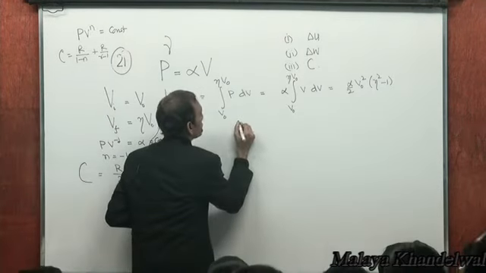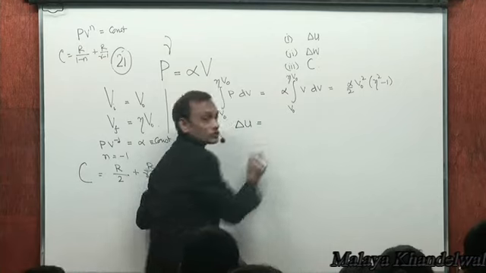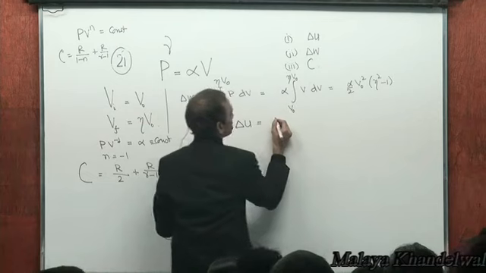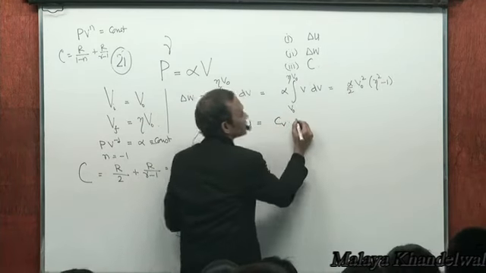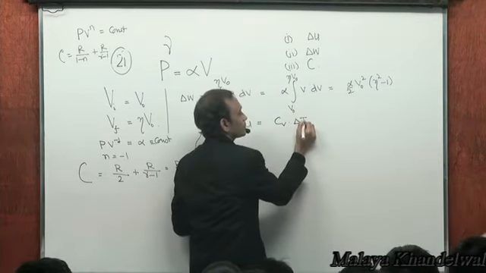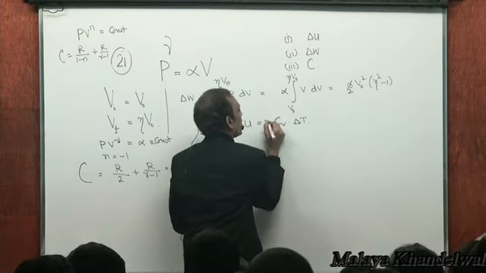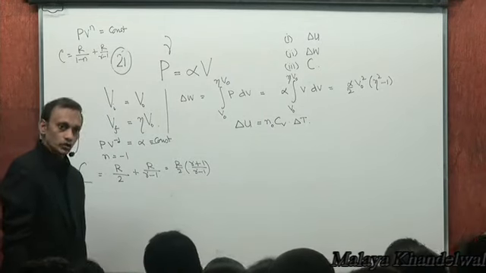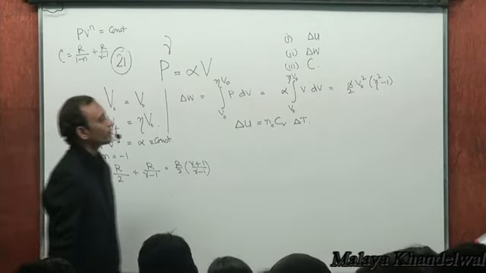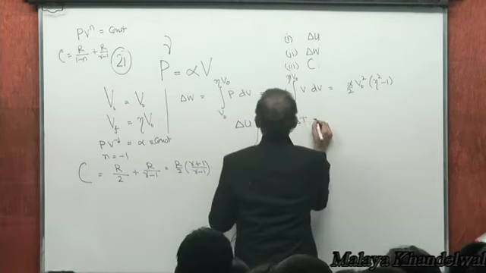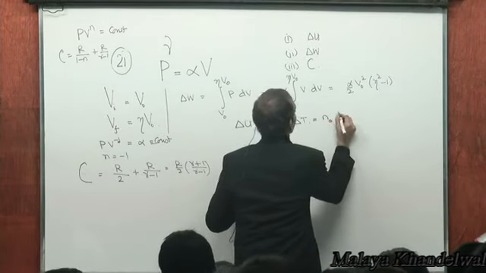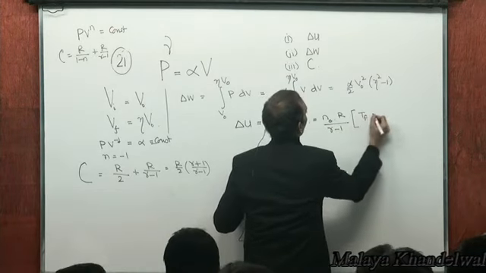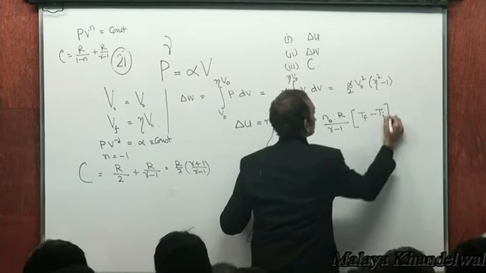Change in internal energy is always n, which is 1 mole of the gas, into CV into delta T. So for n naught moles, that's the change in internal energy: n naught CV delta T, which is n naught, CV is R by gamma minus 1, into delta T, which is T final minus T initial.